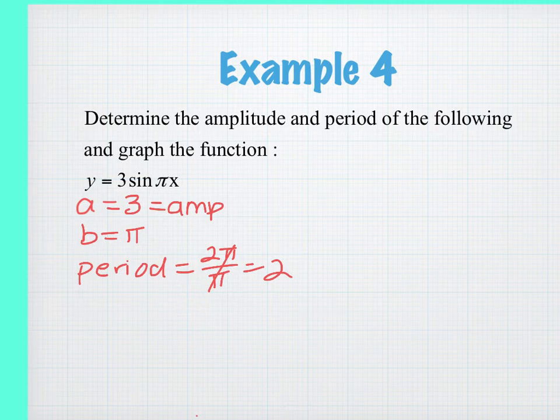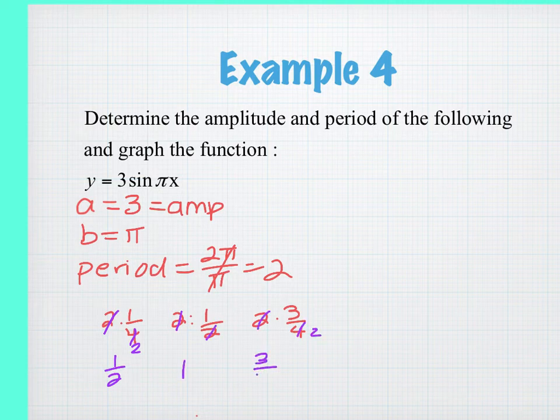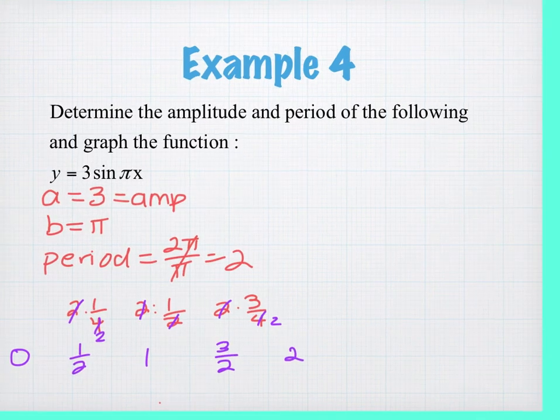So then I would get 2 times a fourth, times a half, and times 3/4. So I'd get 1/2, 1, 3/2. First one is still 0, last one is still the period, which is 2.